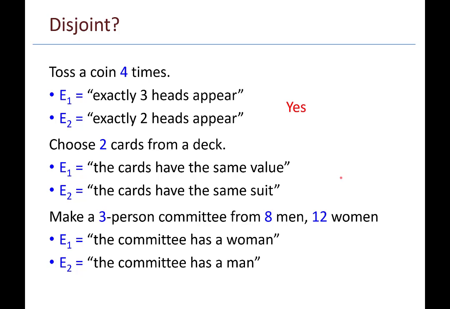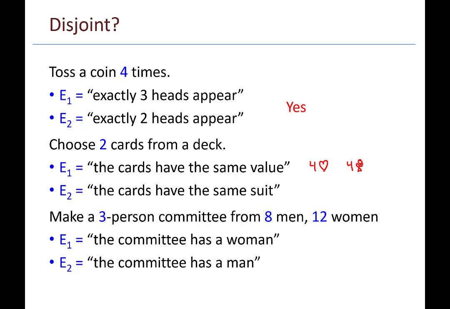Second example, choose 2 cards from a deck. Event 1, the cards have the same value. Event 2, the cards have the same suit. These are disjoint because suppose that event 1 occurs. The cards have the same value. So maybe one card is a 4 and the other card is a 4. Well, they'd have to be different suits. So maybe one is a heart and the other one is a club.